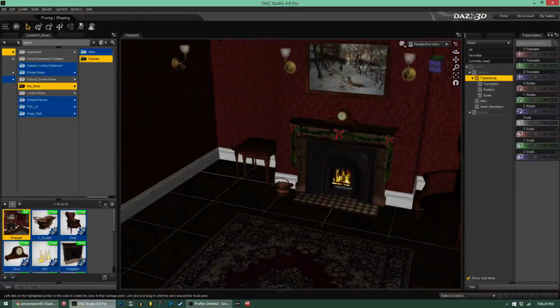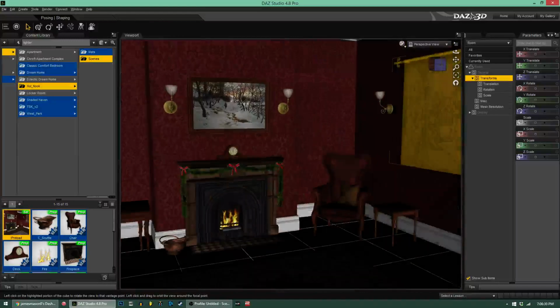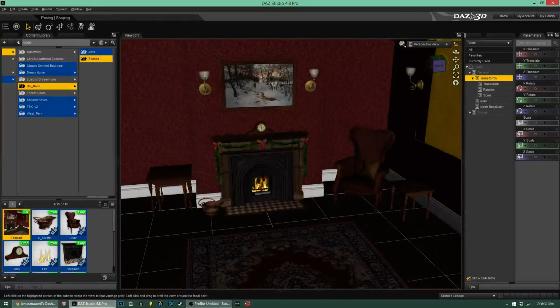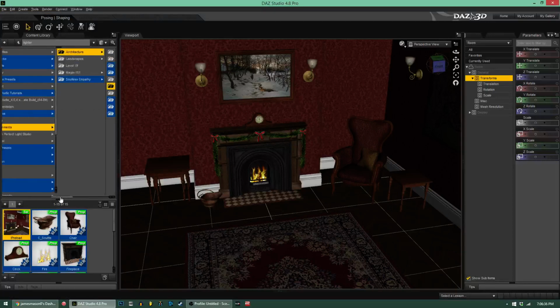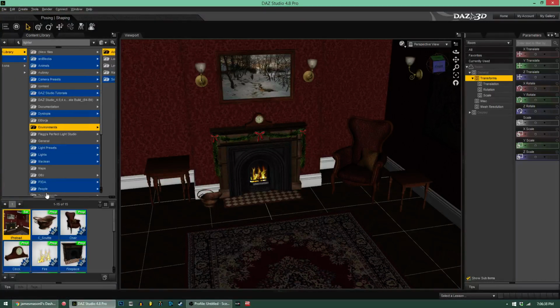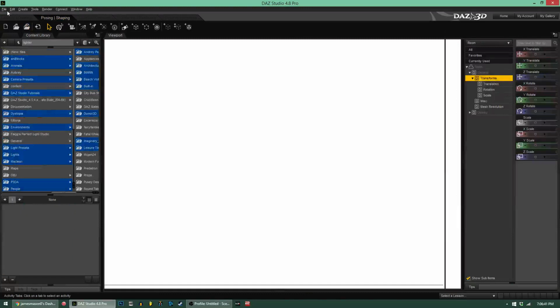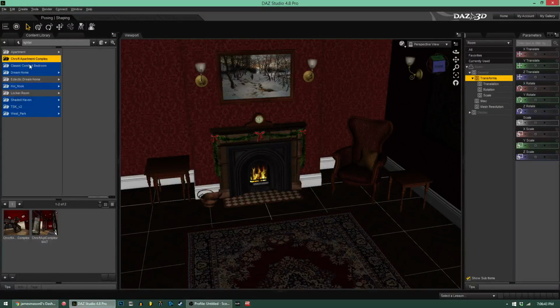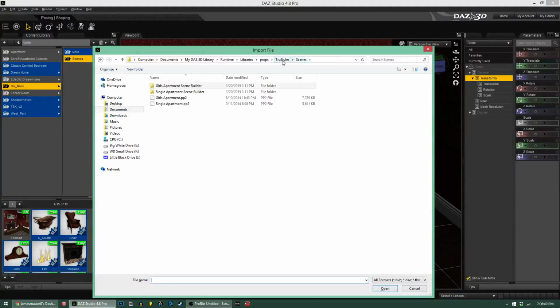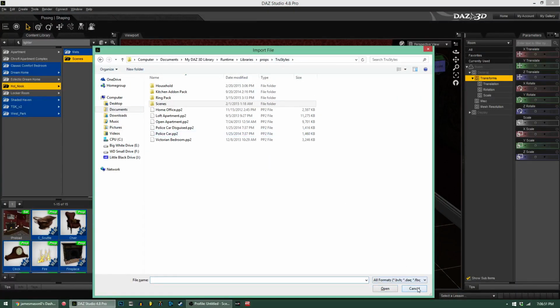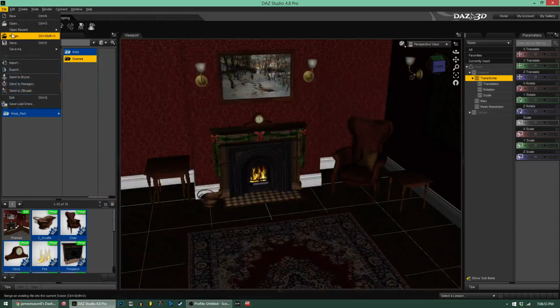Anyhow, so festive is what I'm thinking here. I actually didn't plan this particular scene for a specific person. I didn't really think that far ahead, so not import, merge.